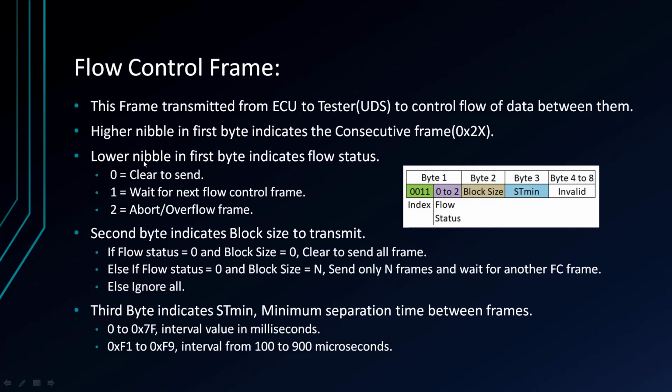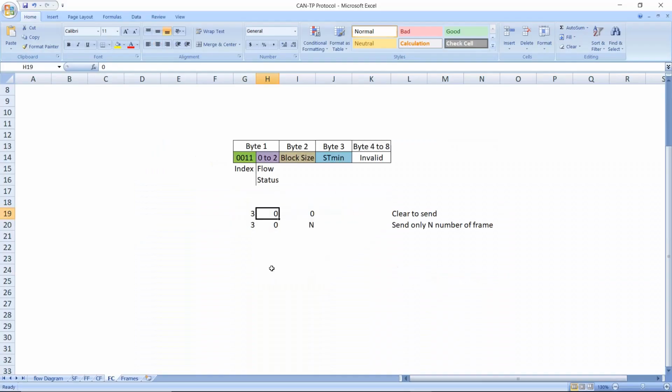Next, at the lower level, byte 1 is the flow status, and byte 2 is the block size. Block size is basically how much data the ECU can accommodate. If the flow status is 0 and the block size is 0, it indicates clear to send all data.